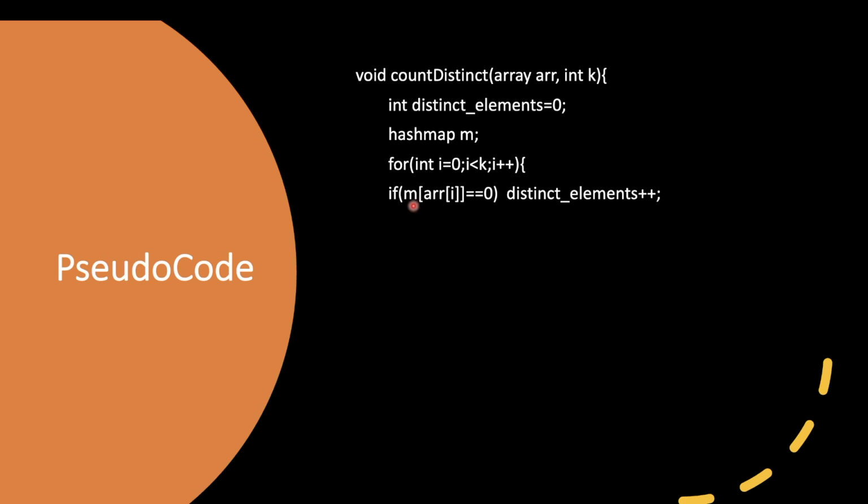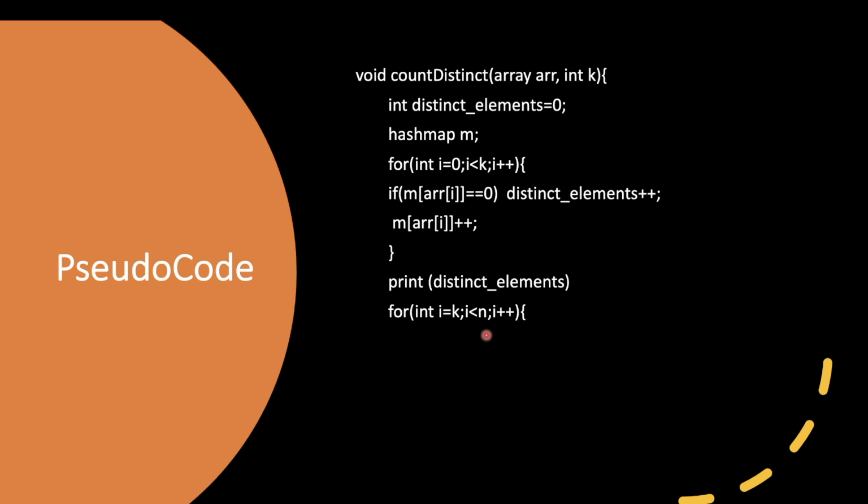This line means if the frequency of the element in the map is 0, that is we are getting the element for the first time in our window, we will increment distinct elements, and we will increment the frequency of that element in our map. This is the way we made the window, and we will print the distinct elements which we have in our window. Now we will slide the window.